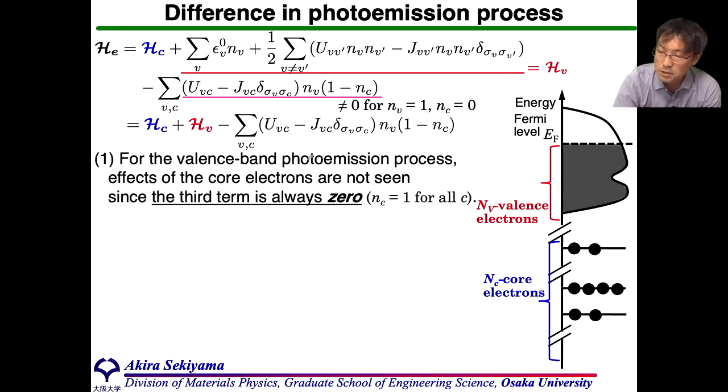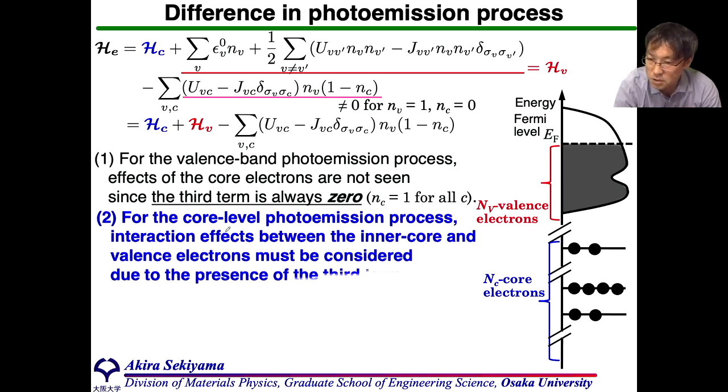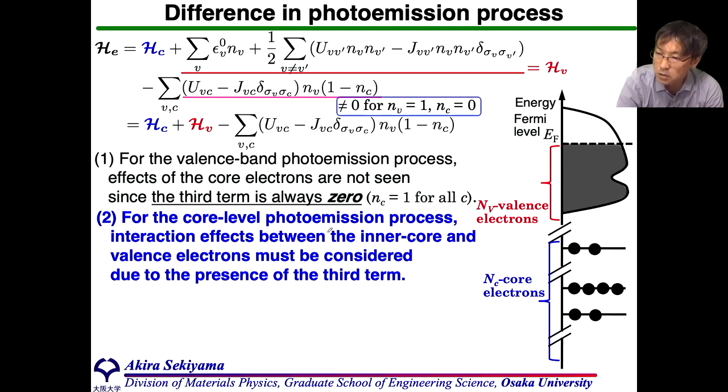So then we can understand that for the valence band photoemission process, there is no core hole in the final state, because even for the final state, this term becomes 0. In such a case, there is no change between the initial and the final state for the Hc term and the third term. In such a situation, we only consider the second term, the Hamiltonian for the valence band electron. On the other hand, for the core level photoemission process, the interaction effect between the inner core and valence electron must be considered due to this term.